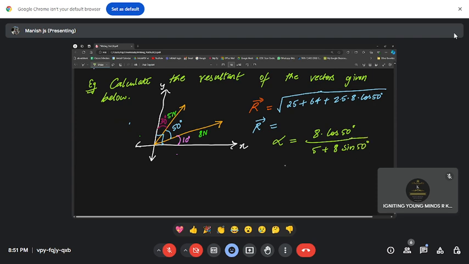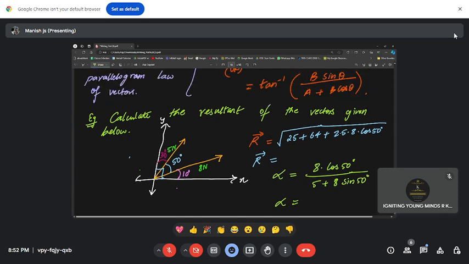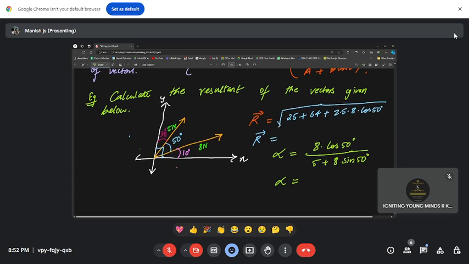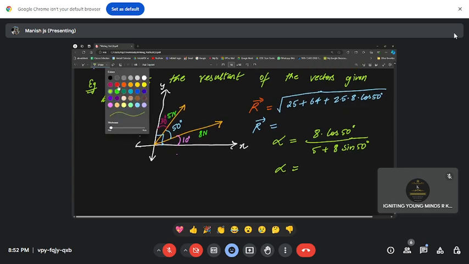On evaluating this, you will get the value of alpha, children. That is the direction of the resultant, which you can find out using this relation.